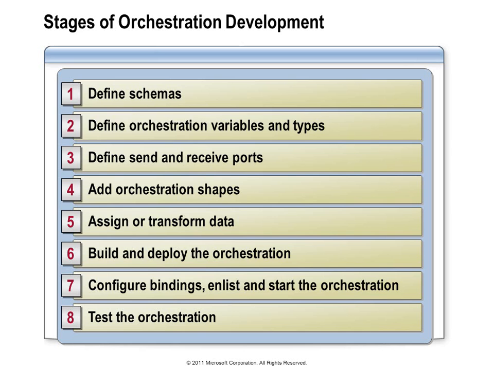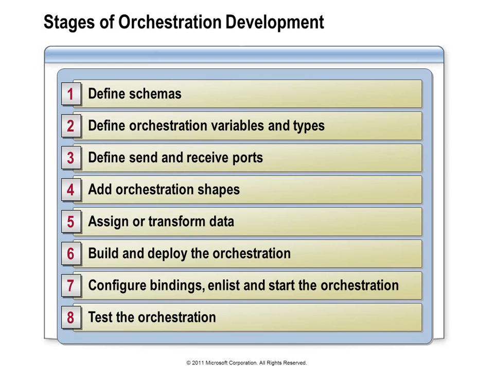So you can start defining any type declarations that you might have. And then you can declare variables to hold your messages and any other variables that your orchestration might require. With those in place, it makes sense to start defining send and receive ports. Now these will be logical placeholders within your orchestration.